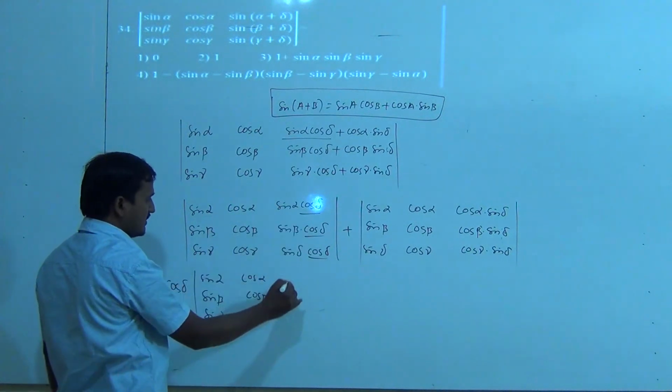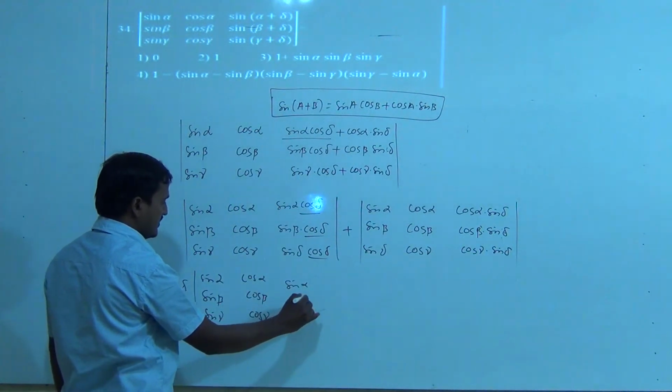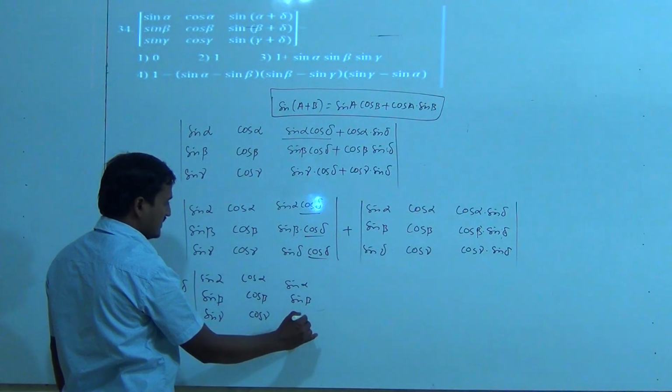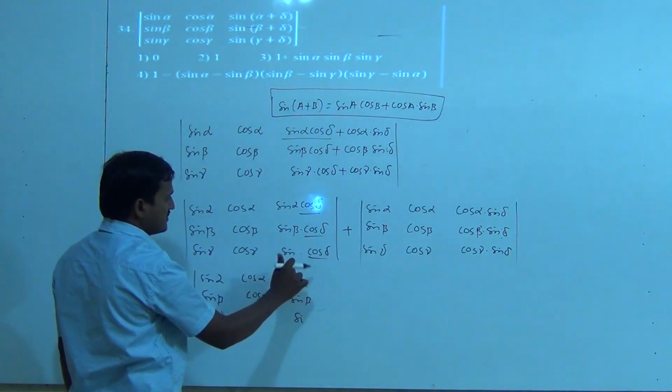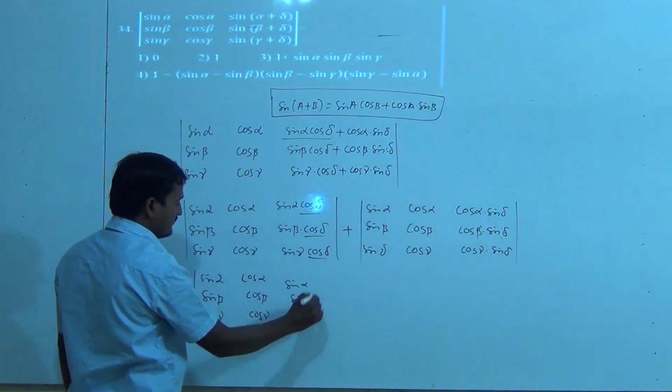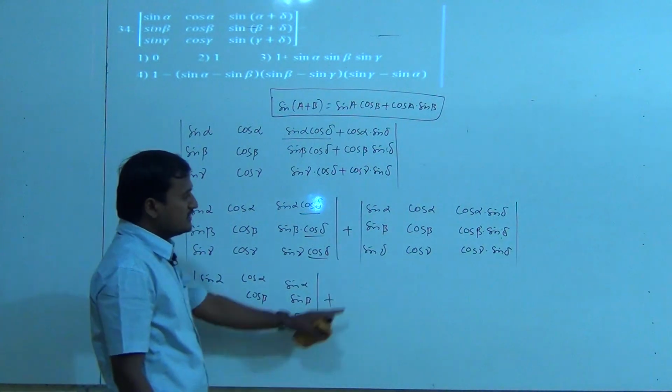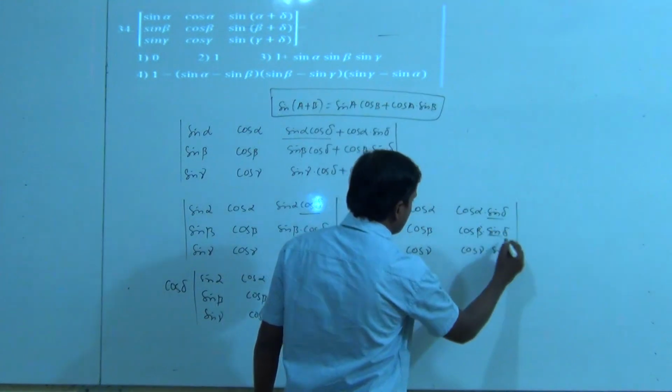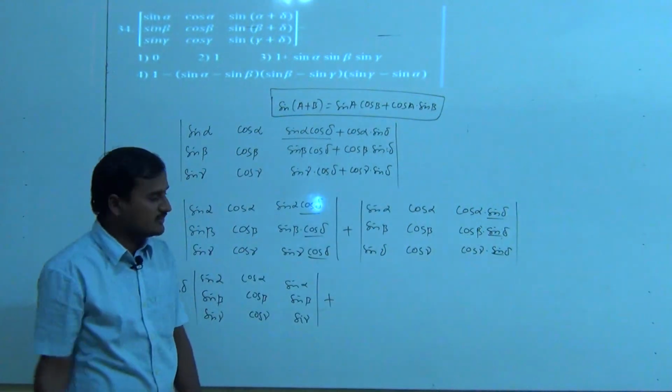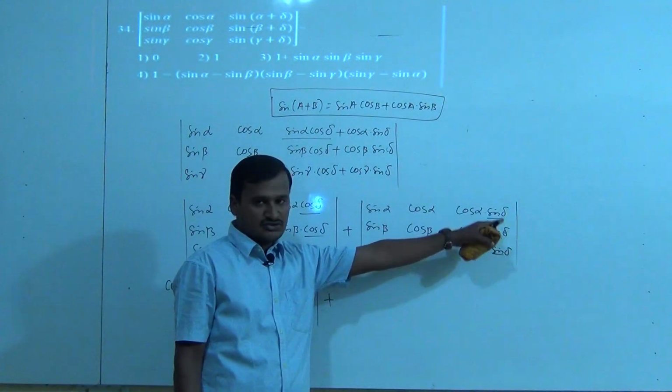So here what you are getting: sin alpha, sin beta, and sin gamma. Therefore sin gamma. Okay. In the second determinant, take sin delta outside from the third column.